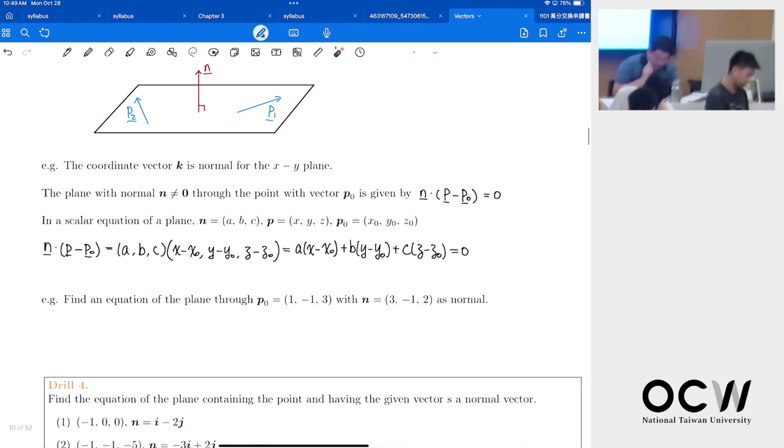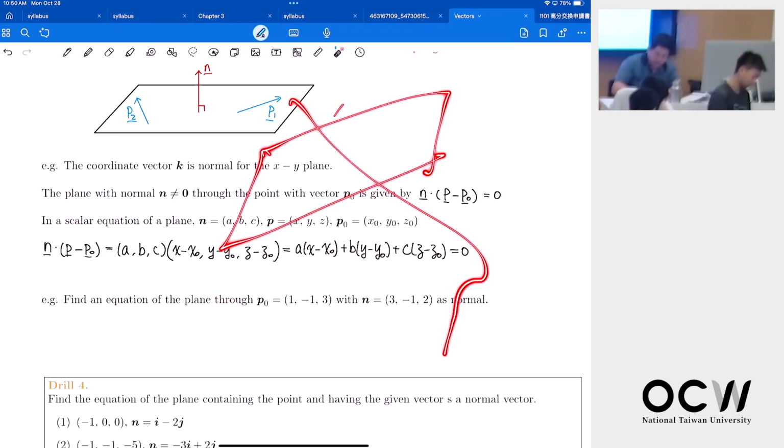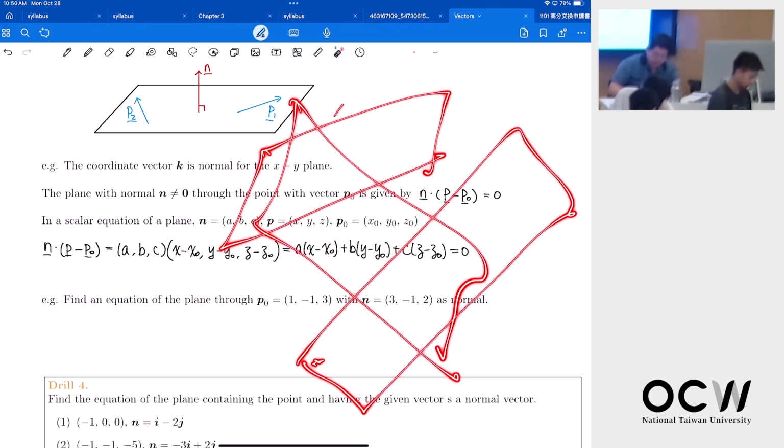So here's the example. If I want to find the equation to express this plane. Because we may have this plane, this one, or here, right? But I want the plane through the vector P naught, suppose it's here. Okay, so I want this plane.